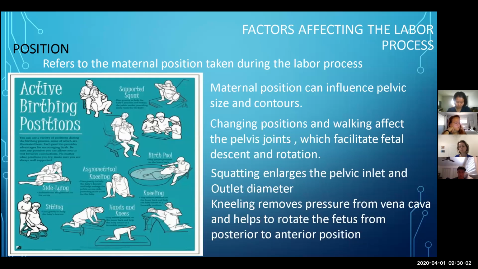So why not use gravity? It promotes fewer abnormal fetal heart rate patterns. It increases comfort, so we typically see a reduced request for pain medication. It enhances a sense of control for the mother. And it also alters the shape and size of the pelvis, so it helps with that descent of the fetus.